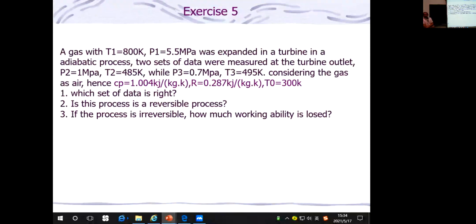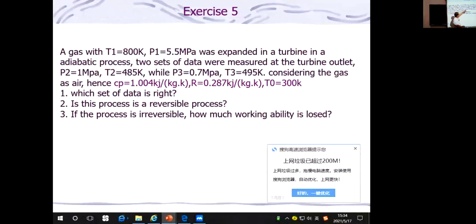So maybe we can employ this here. Why? Because we have T1, P1, T2, P2, T3, P3. So do you know how to calculate the change in S? Do you remember the equation?